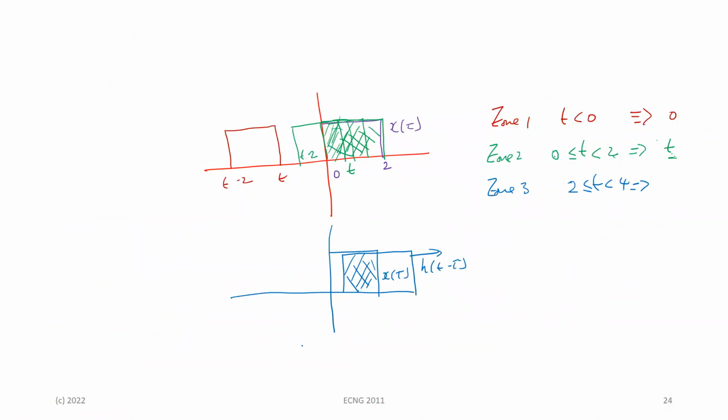And it's going to get smaller and smaller and then eventually in zone 4, when t is greater than or equal to 4, there's no overlap again. So the convolution is 0.